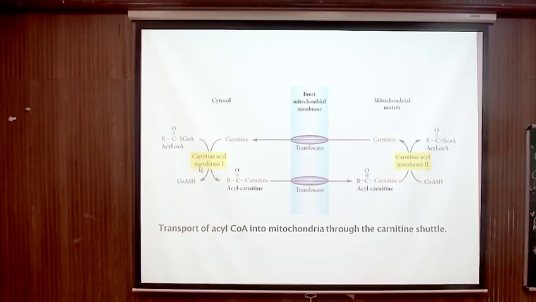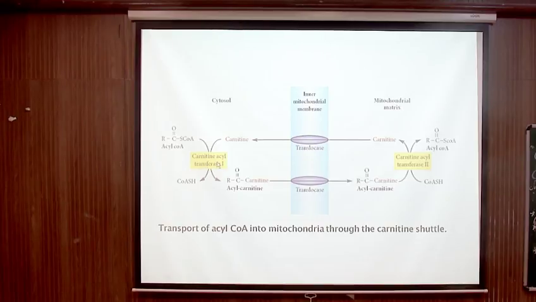To convert this acyl coenzyme A to acyl carnitine, there is an enzyme called carnitine acyl transferase 1, which is present on the outer surface of the inner mitochondrial membrane. That is the enzyme CAT1, carnitine acyl transferase, because the acyl group is transferred to carnitine.